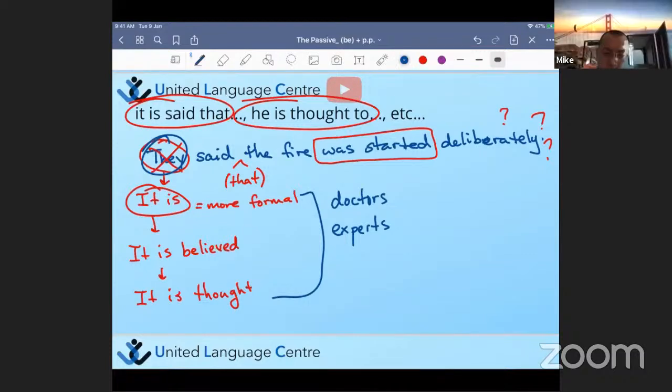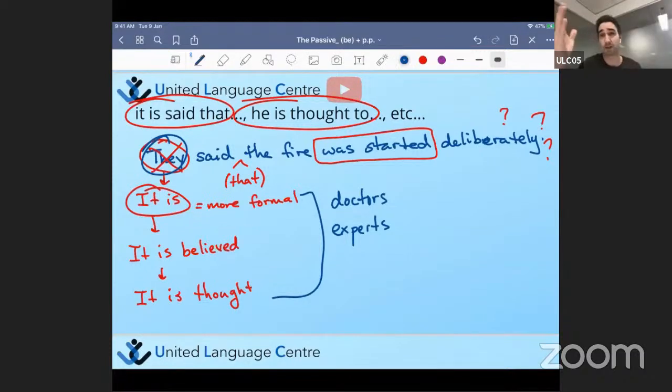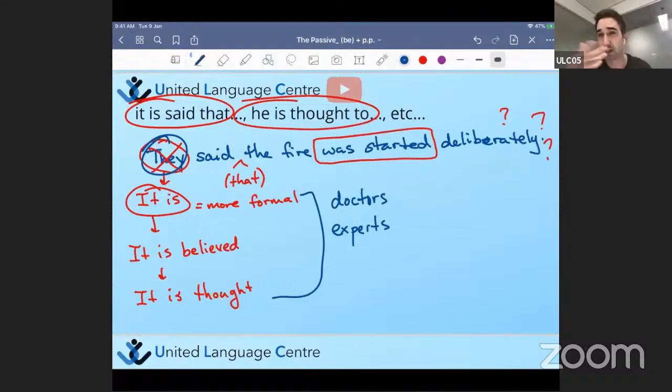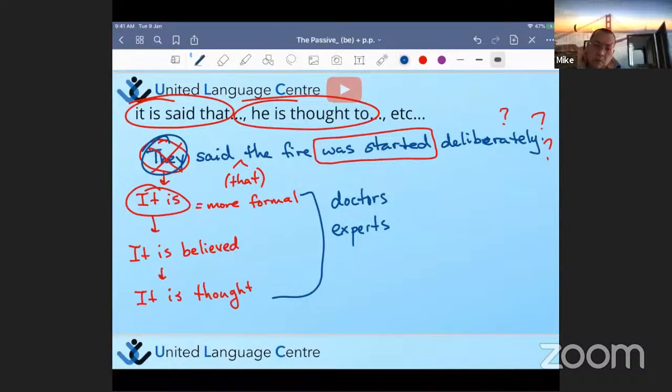I would probably just say this is a Japanese beer, and then my friend would be like, oh, is that beer Japanese? You'd be like, yeah, this is made in Tokyo. I'm never going to say, oh, it is said that Japanese beer has more calories than. This is more what you're going to see on the news or in newspapers or magazines. It's not commonly used in day-to-day English, not something we use frequently, if that makes sense.